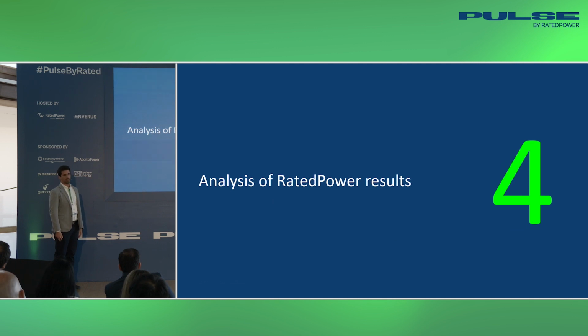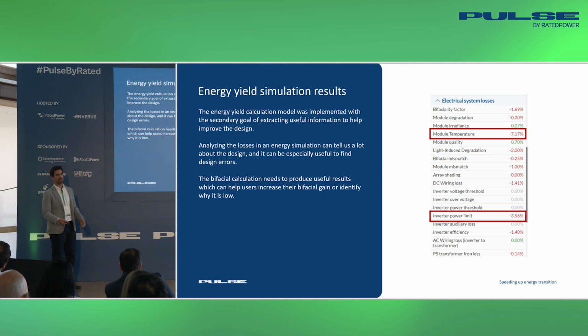Yeah, so finally, results. How do we look at results from the RatedPower simulation? The energy yield calculation model has a primary goal, which is to calculate the production of a PV plant. But it has a secondary goal in that we want to evaluate the quality of the design as well, and help the decision-making process of improving the PV plant and finding issues with our design.